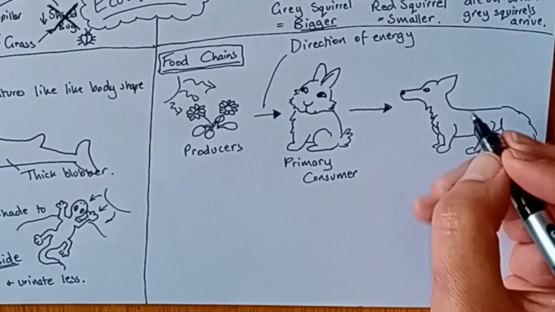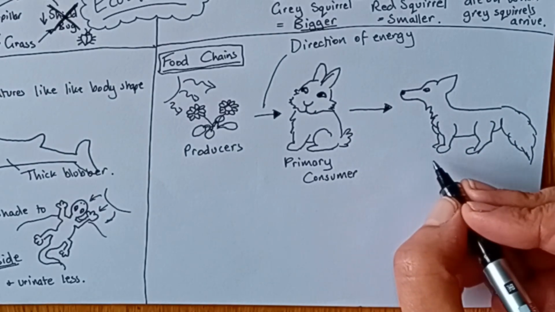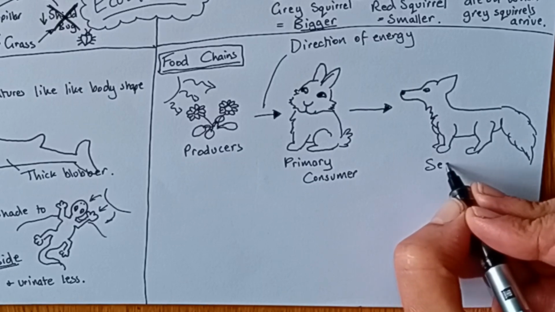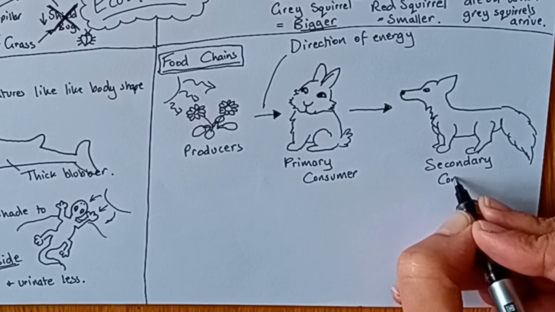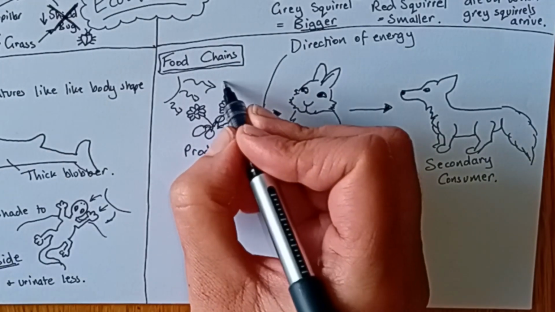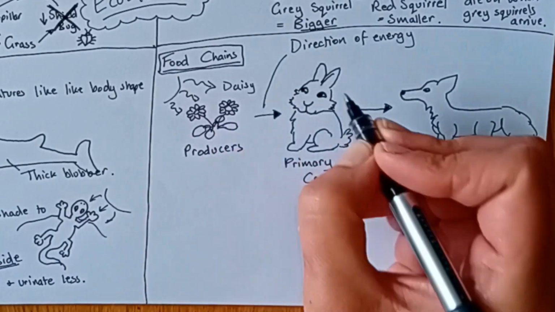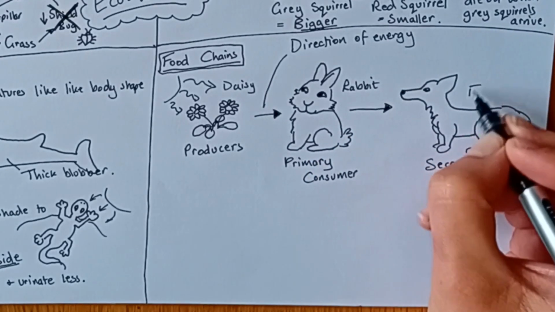I think they've got longer legs than that, but never mind. So the fox eats the rabbit, so it's called a secondary consumer. So we've got daisy, rabbit, and fox.